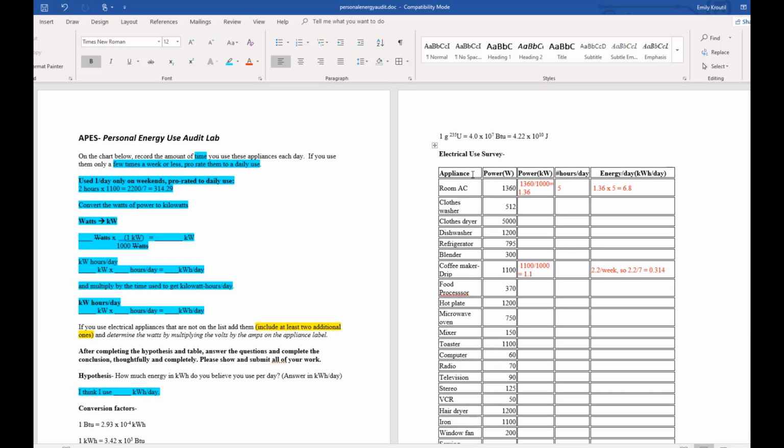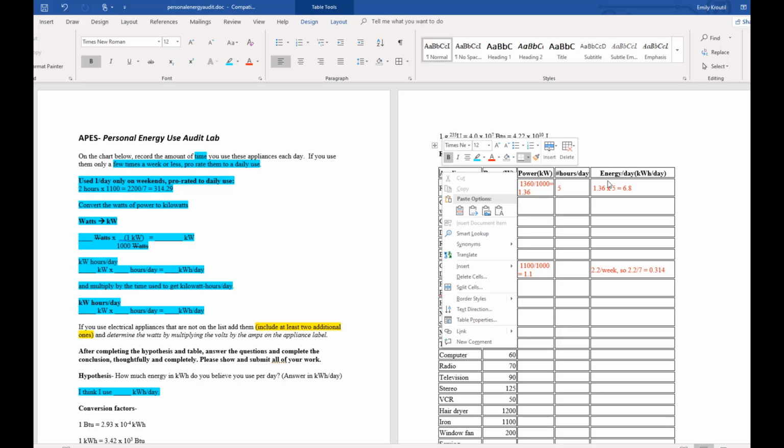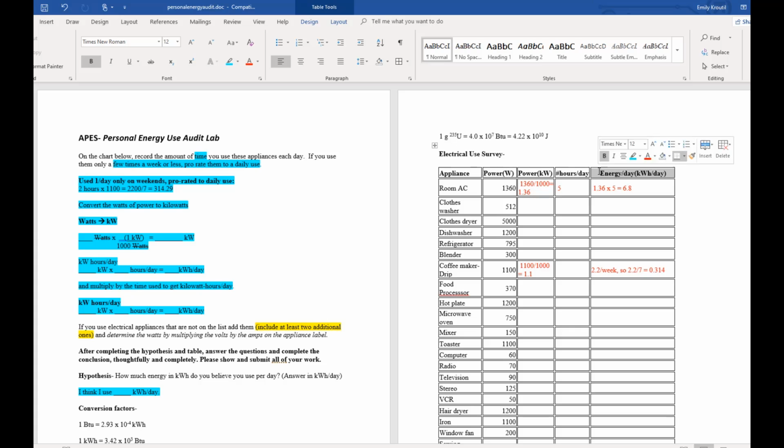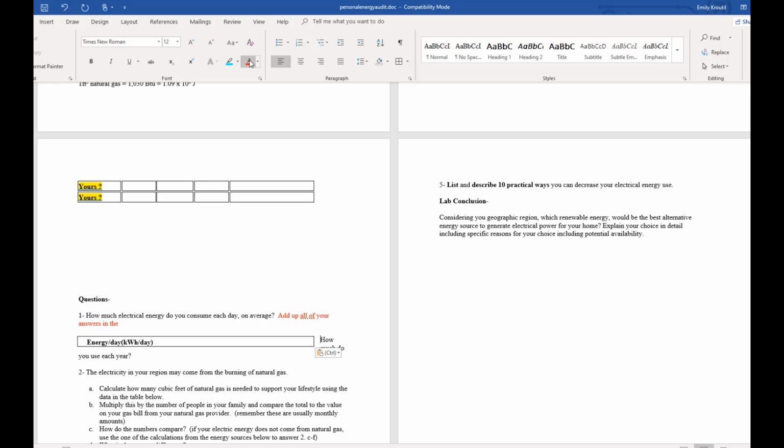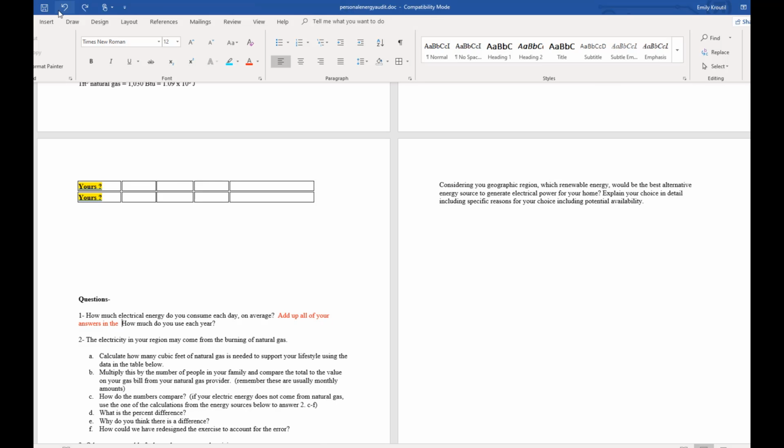So let me see if I can make an additional column here. Well, I'll just add everything. So how do you answer this one? Add up all of your answers in the energy per day column.